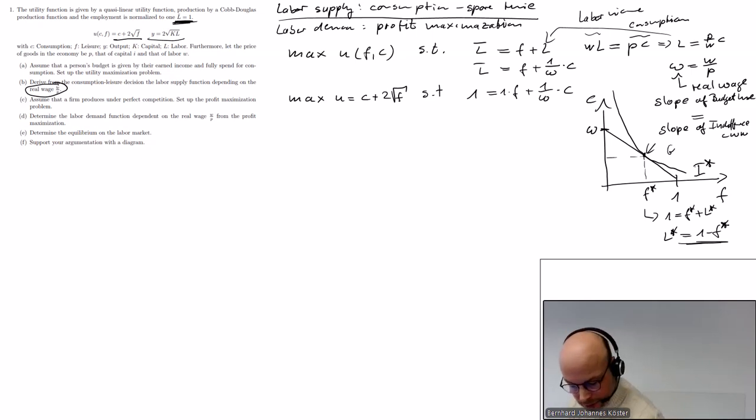And this you have called in microeconomics marginal rate of substitution equals price ratio. So this is the problem graphically that you hopefully can remember from microeconomics.